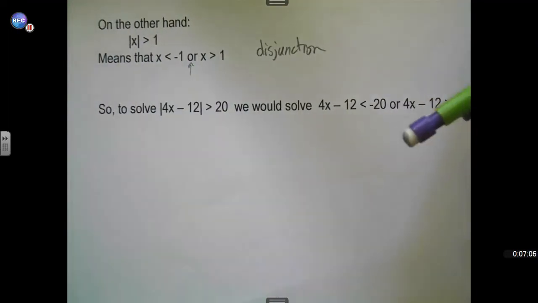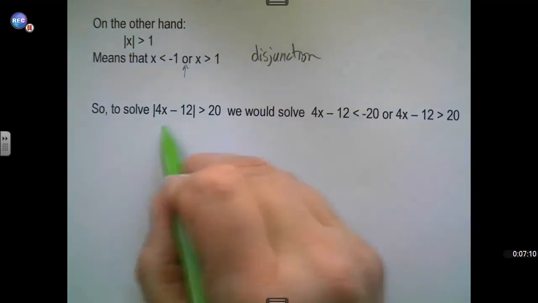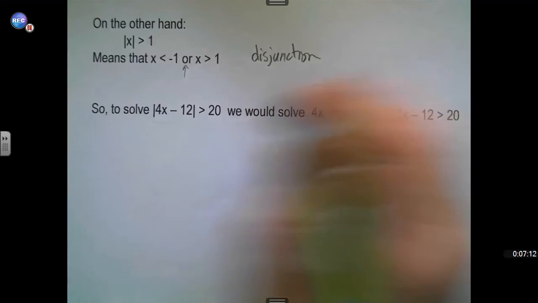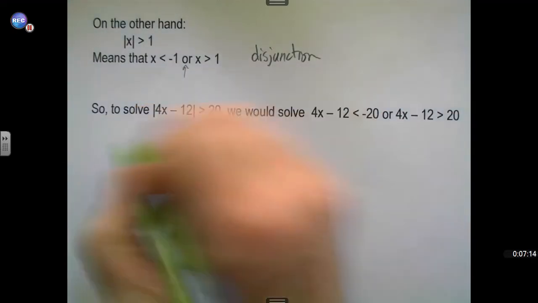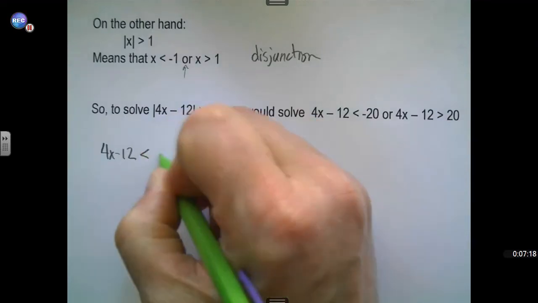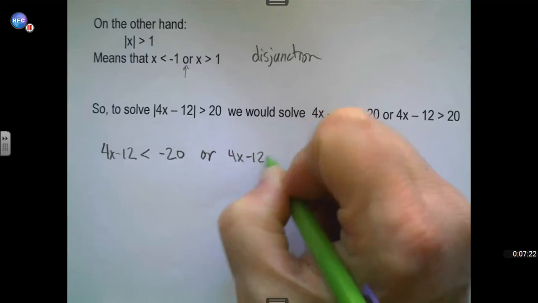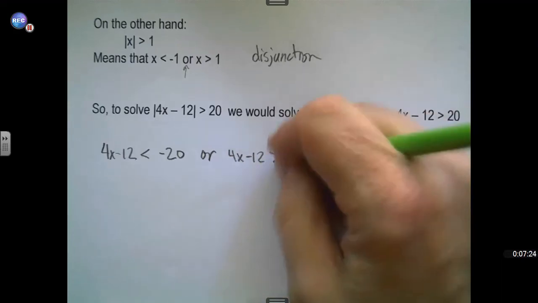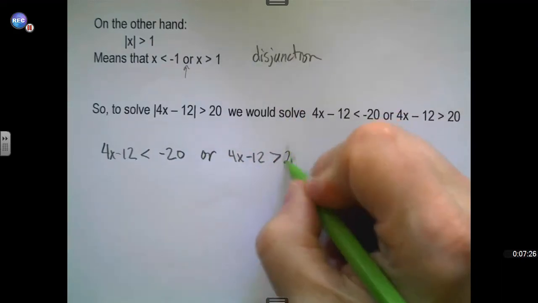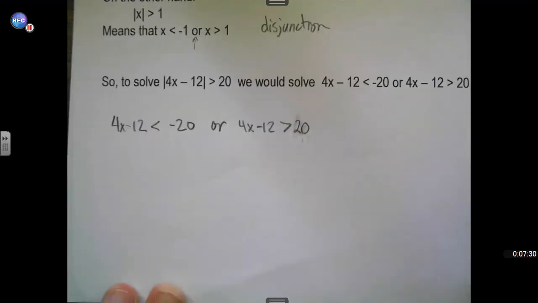To solve this inequality, I take the stuff inside and say 4x minus 12 is less than -20, or 4x minus 12 is greater than 20. Then we want to solve those.